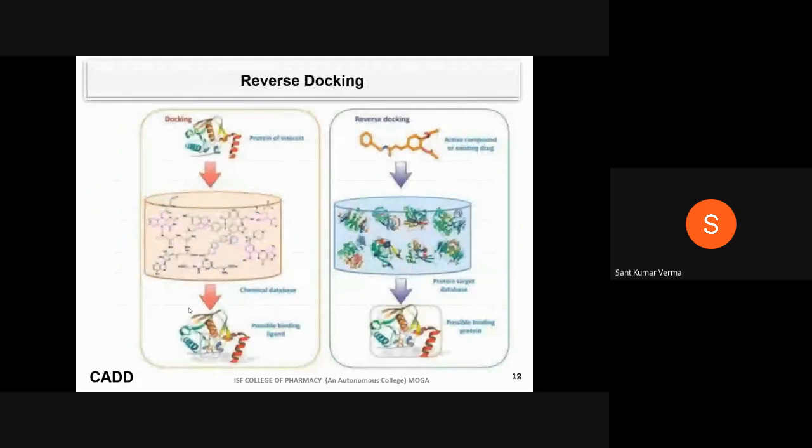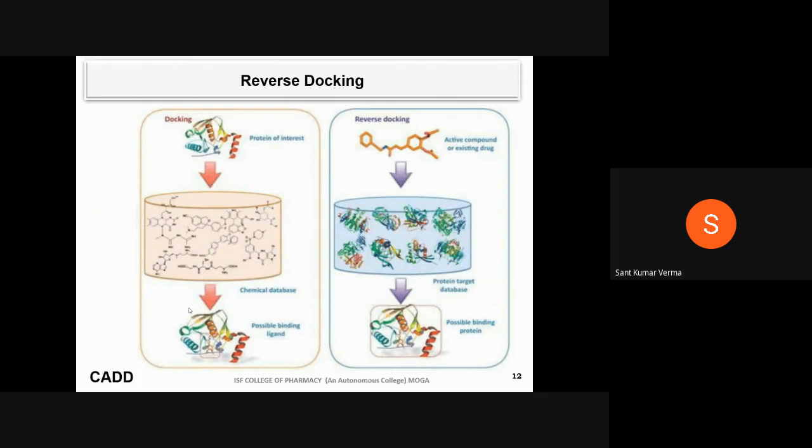Reverse docking is also a method to identify the target. In normal docking, you have a protein and a number of ligands, and you identify a specific ligand for the protein amongst the number of ligands. However, in reverse docking, you have one ligand and a number of proteins.